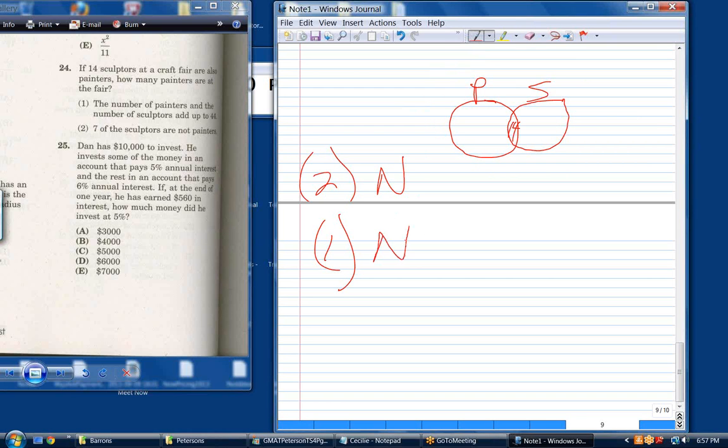So now, can I solve it with both? Yes. Right. Because the number of painters and the number of sculptors, there's 21 sculptors, there's got to be 23 painters, 14 painters or sculptors, so this has to be 9.